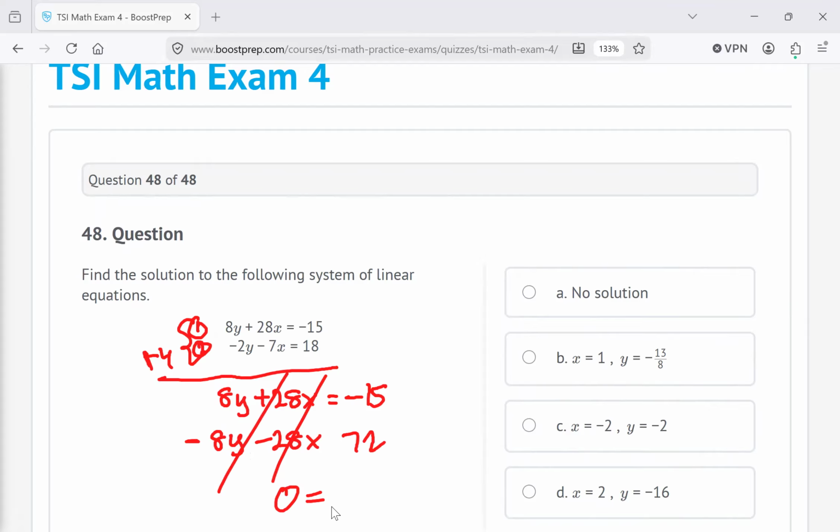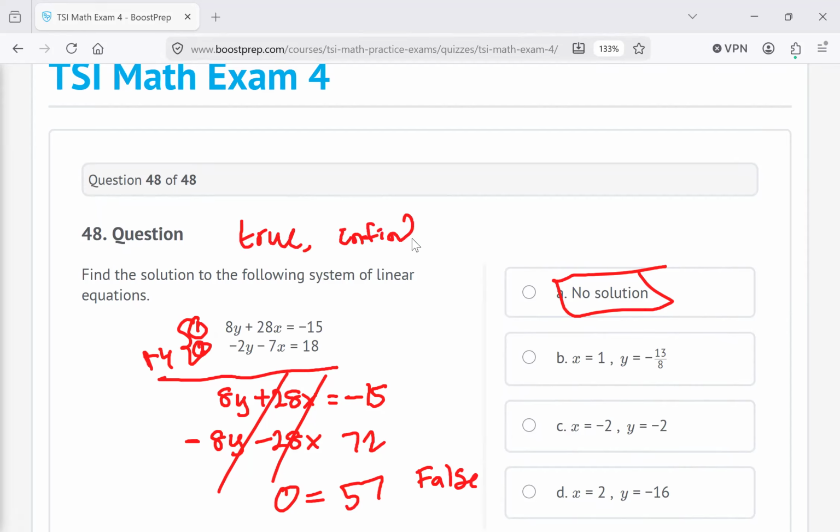Oh, you have a problem. Is this a true or false statement? It's definitely false. If it's false, it's no solution. If it were true, it would be infinitely many. So it's no solution because it's a false statement.